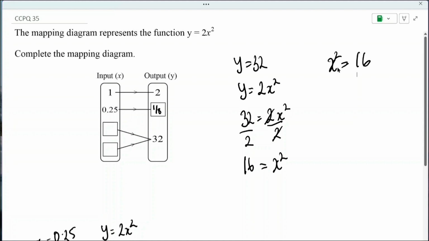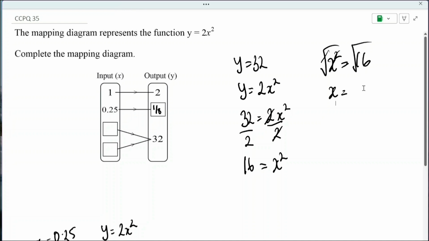If this x were to the power of 3, or you say cubed, you introduce cube root to both sides. But in this case, the x is squared, so you introduce square root to both sides. The square root cancels the square. You'll be left with x equals square root of 16.